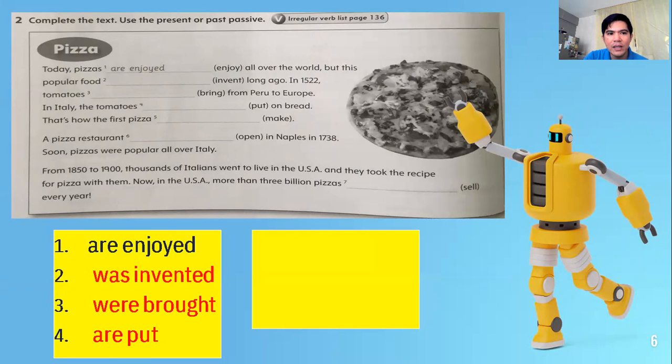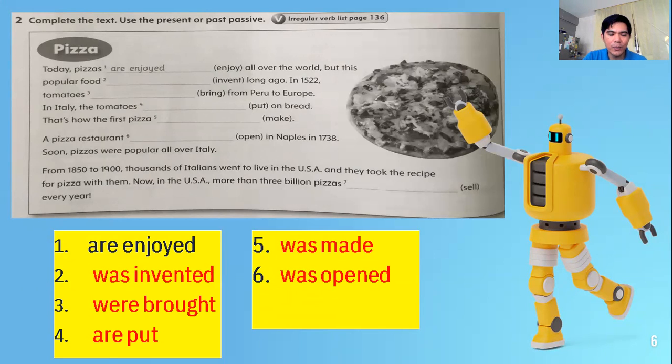That's how the first pizza was made. For number 5, 2 more. Number 6, a pizza restaurant, singular. And the time expression, in Naples in 1738. So we use the past. Was opened.